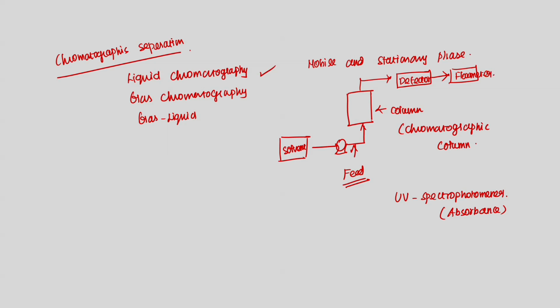The feed is normally a pulsed feed, about 1 milligram per ml with a flow rate of around 1.5 ml per minute, so the total volume handled would be around 10 microliters.